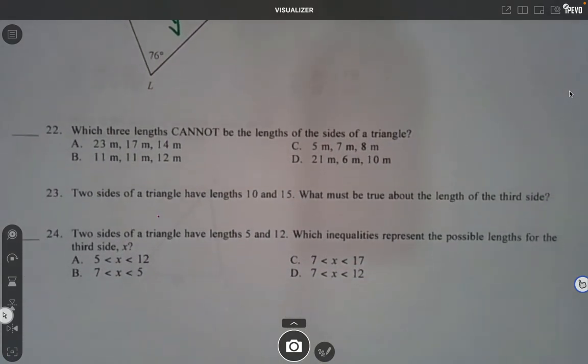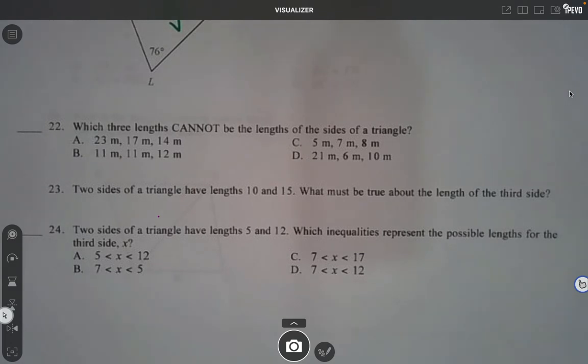22. Which ones cannot be the lengths of the triangle sides? Okay, what do you know about the lengths of the sides of the triangle? Anytime you add two sides of a triangle, they have to be bigger than the third side. Your best bet is to start with the smallest ones and just check there.